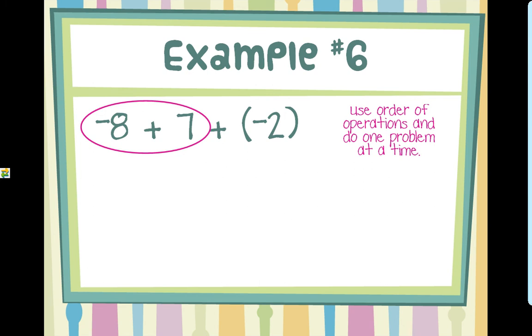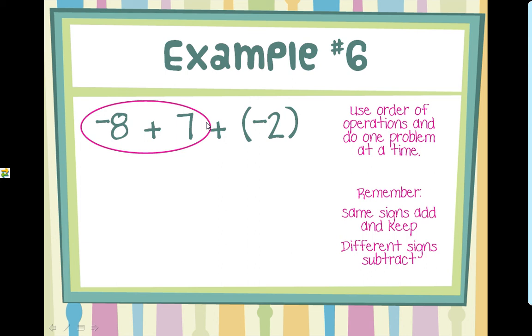Looking at the past examples, we know that we're actually going to subtract here because we have opposite signs. So if we look at 8 minus 7, 8 minus 7 is 1. And we're going to take the sign of the number with the highest absolute value.